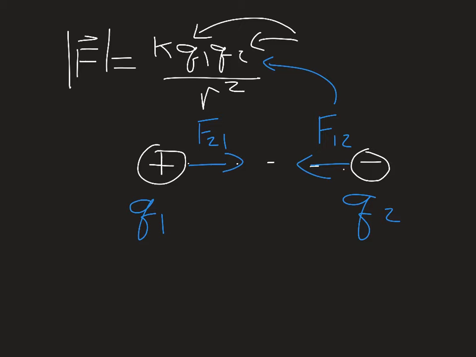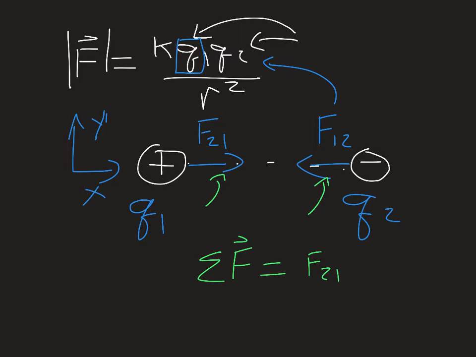Their magnitude is going to be given by this formula. Now, we don't plug minus signs into these Q's, but rather we have a coordinate system, X and Y, and so we can say, for example, that that force is in the positive direction and that force is in the negative direction. And so if we have to do the sum of the forces, we can simply add them up as F21 plus F12 is equal to 0, and that tells us that F21 is equal to minus F12.